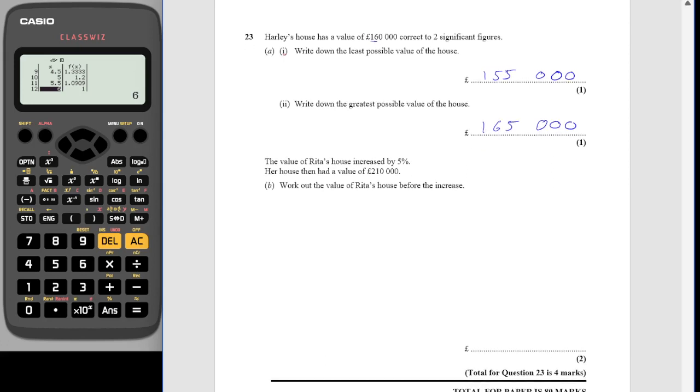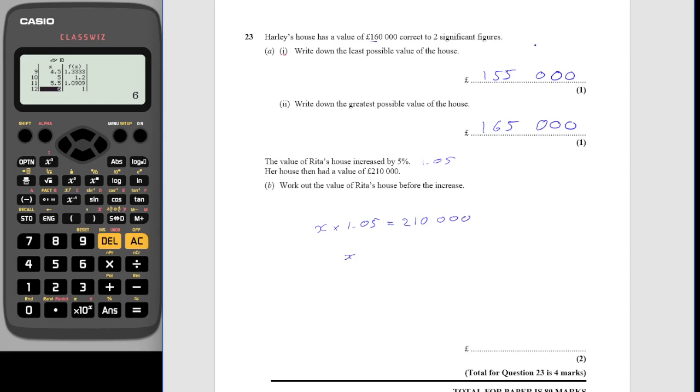And then part B, the value of Rita's house decreased by 5%. Her house then had a value of £210,000. So in effect, the original price times by the multiplier for a 5% decrease would have given us the 210,000.